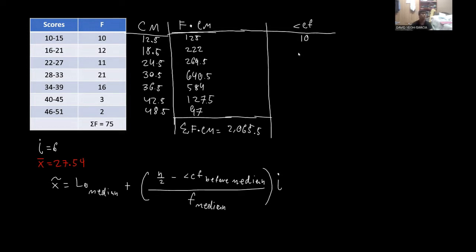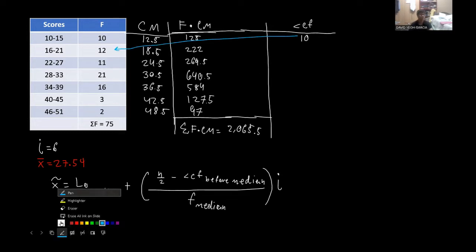So how can we get the next cumulative frequency? We're just going to add 10 to the frequency of the next class interval. So 10 plus the next frequency, 12, is 22.